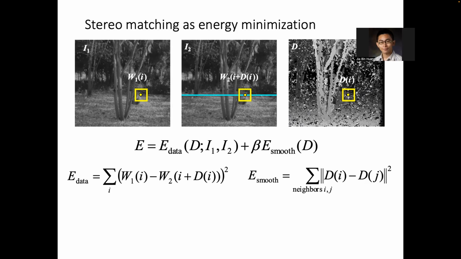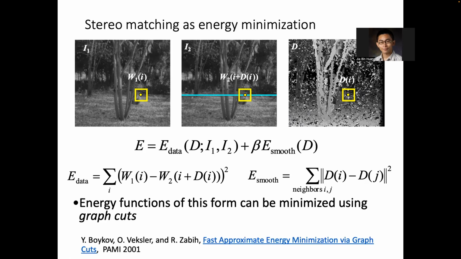The regularization term encodes your knowledge about what the solution should look like. In this case, the solution should look like a smooth depth map. Once you write down the objective function, you have tools to solve it. Typically people solve this with an algorithm called GraphCut.